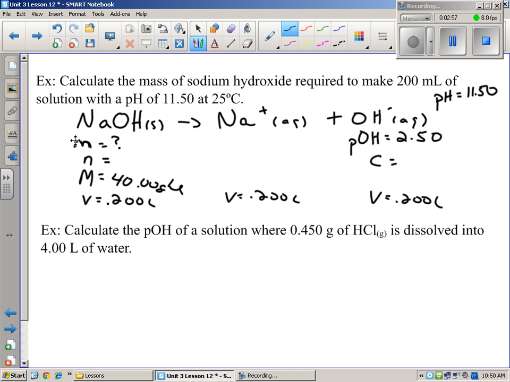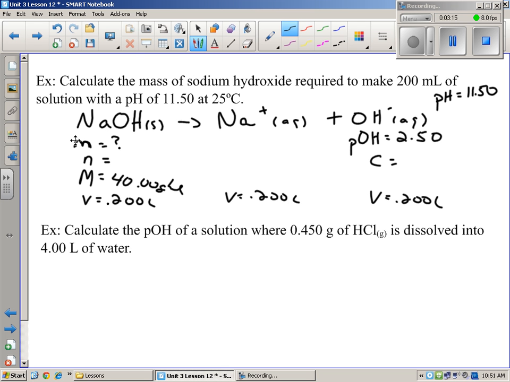Now, this is a good question because we've done a lot of negative log stuff, which tells you the pH or the pOH. But if I have the pOH or the pH, how do I get back to concentration? We forget about these formulas, right?